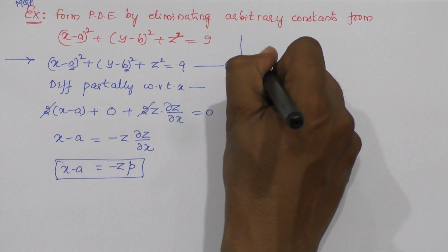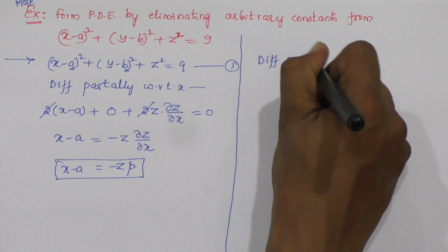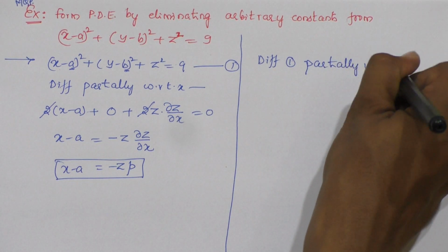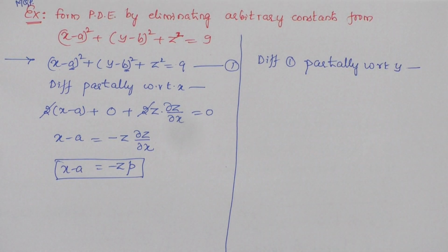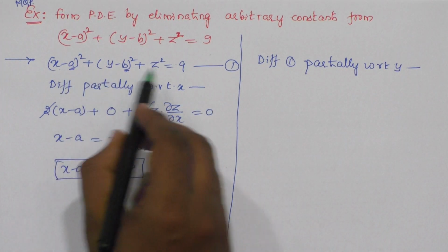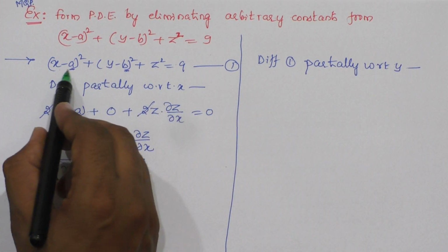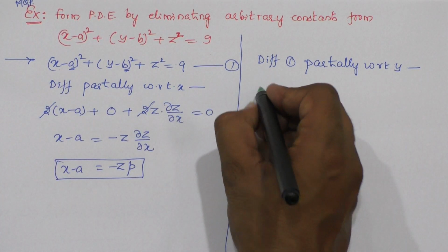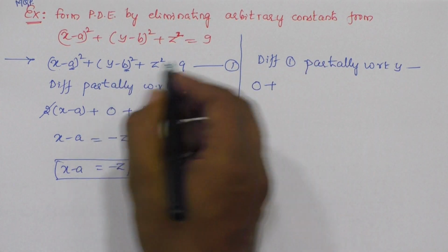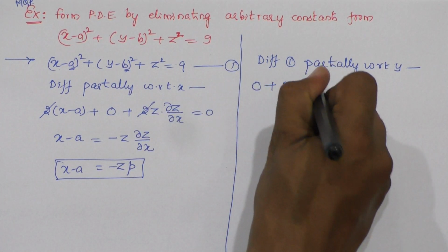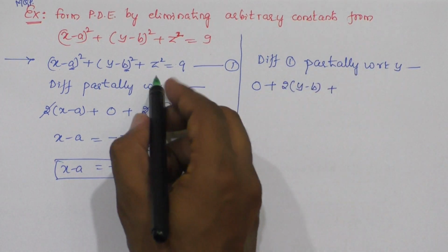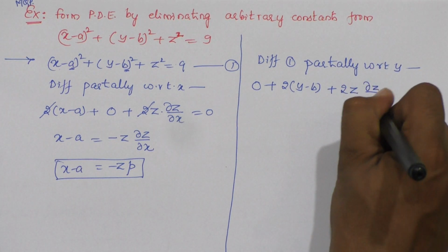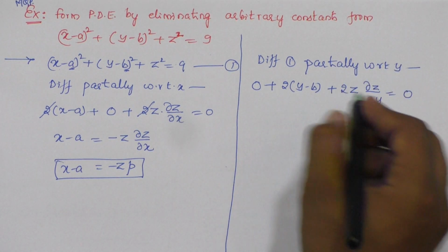In the same way, let us differentiate equation 1 partially with respect to y. The x term is constant, so its derivative is 0, plus (y minus b) whole square differentiates to 2 times y minus b, plus z square differentiates to 2z, but z is a function of y, so ∂z/∂y, equal to 0, since the derivative of 9 is 0.